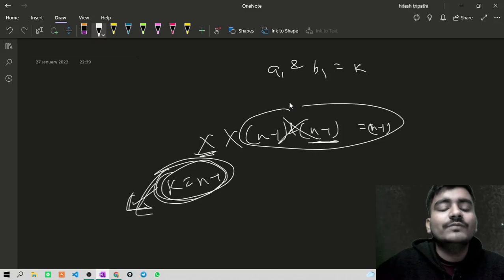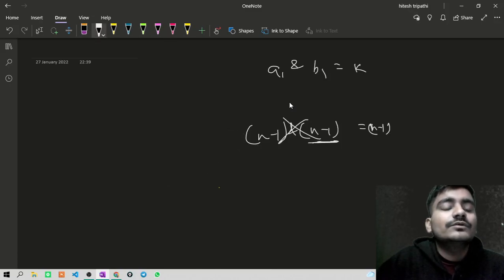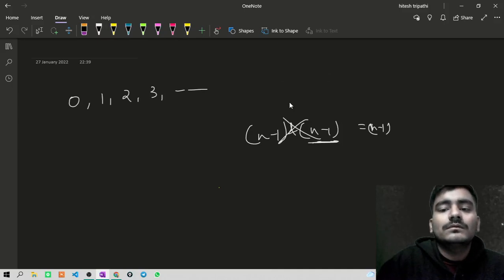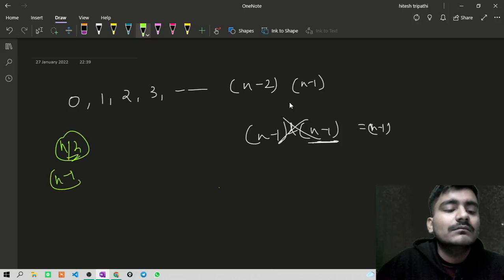I have to make the sum as n minus 1. So we have numbers 0, 1, 2, 3, up to n minus 2, n minus 1. We have all these numbers. I have to make the summation of some n by 2 pairs as n minus 1, when k is equal to n minus 1.